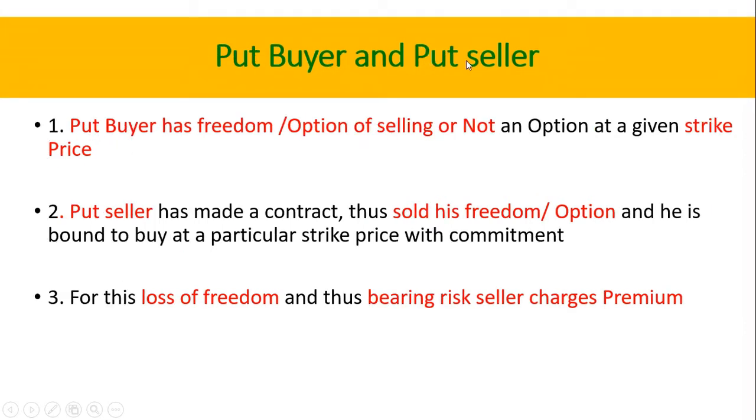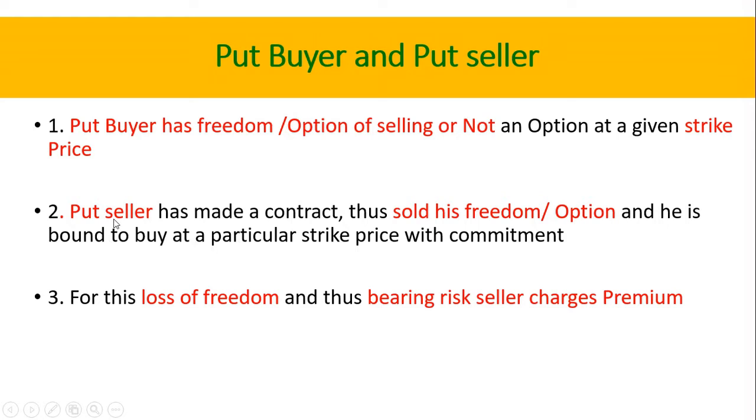Put buyer and put seller. Put buyer has a freedom, that is right to sell but no obligation to sell at a given strike price. Put seller has made a contract. So he sold his freedom, that is the choice, to the buyer and he is bound to buy at a particular strike price.